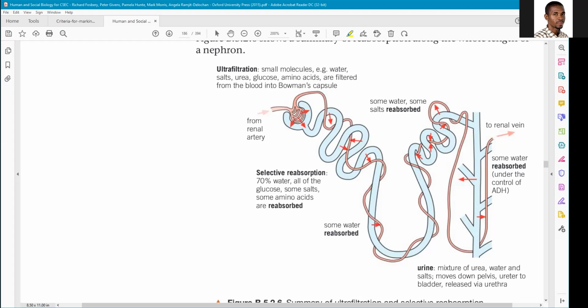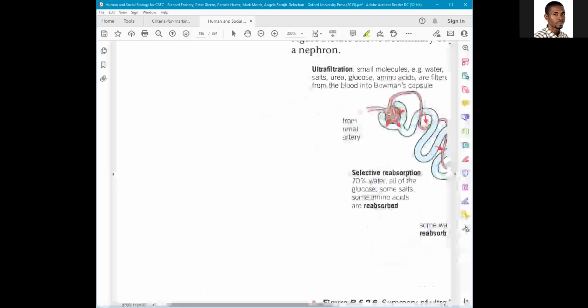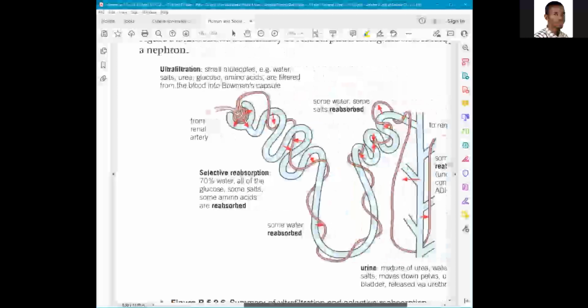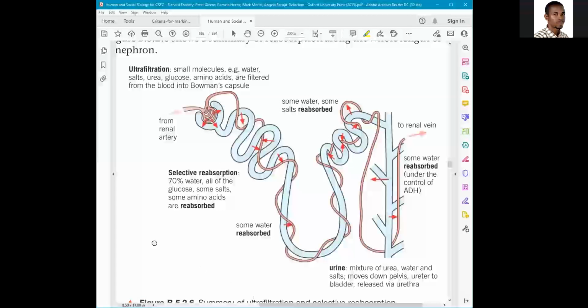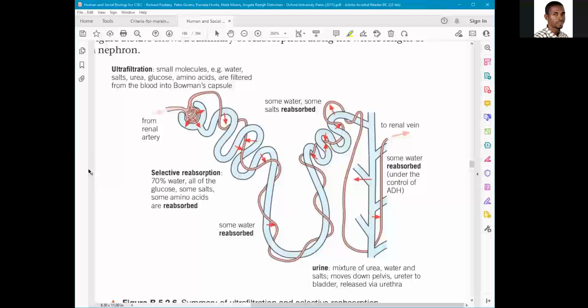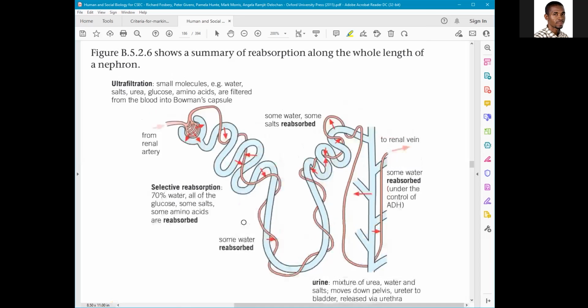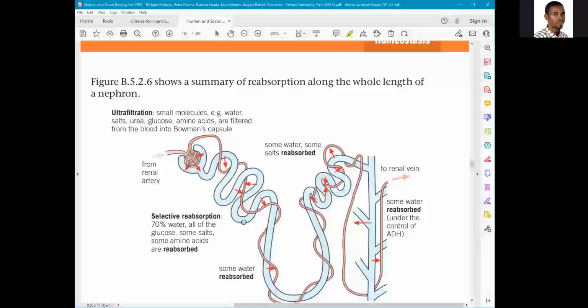I'm just trying to make it look bigger on your device if you're using a mobile device. So, okay, this diagram shows a summary of reabsorption along the length of the nephron.